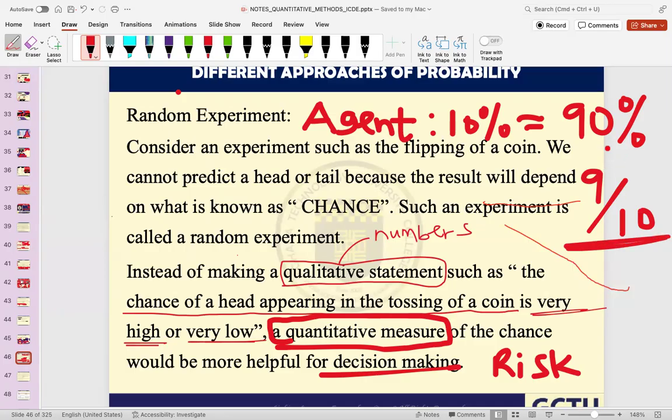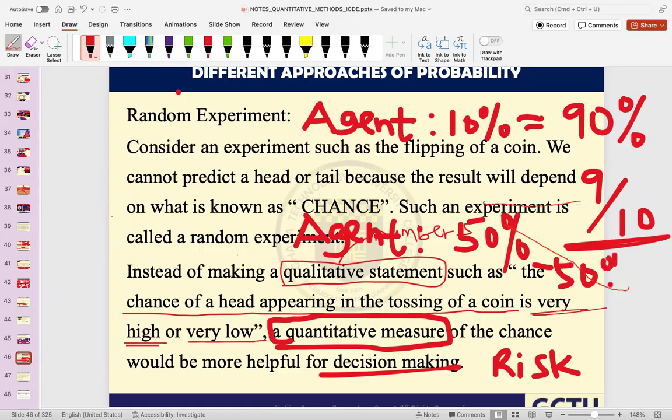And so our risk, again, if another agent tells me that, oh, as for me, when I'm taking you outside and you pay all the money, the chances are 50-50. It means that you may have it or you may be rejected. 50-50, you take a risk because you are looking at the quantitative. You are looking at the measurement. 50%, okay, that's good.